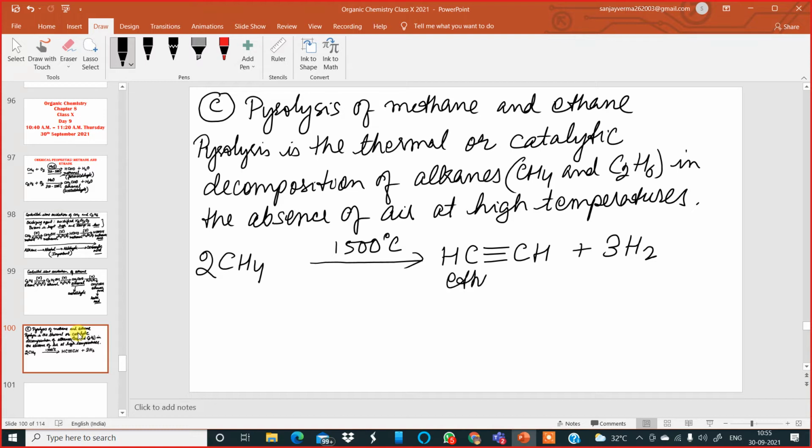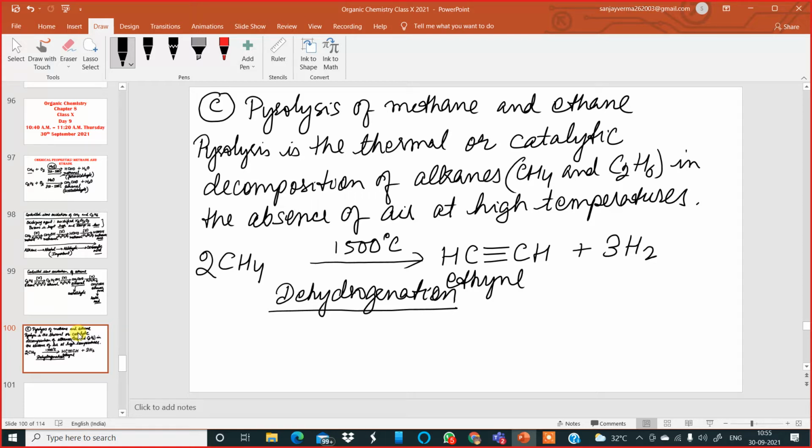This is a dehydrogenation reaction. Remember that.